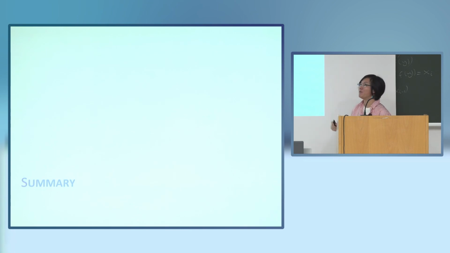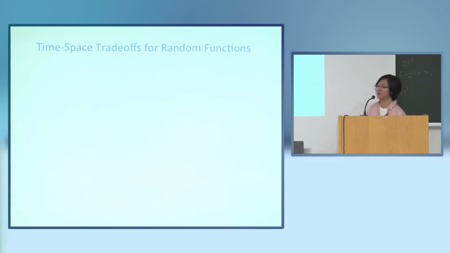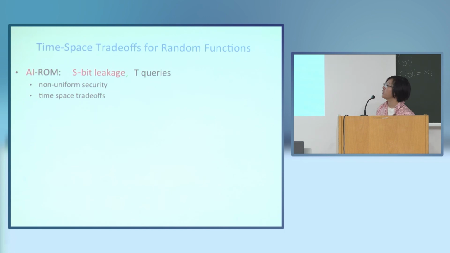I have a summary. What I talked about in this talk is that we want to study time-space trade-offs for problems based on random functions. The auxiliary-input random oracle model, although it's a slight extension of the random oracle model, is pretty nice to study in this context. It can help us get some conjectured non-uniform security about hash function applications, and can help us study time-space trade-offs.